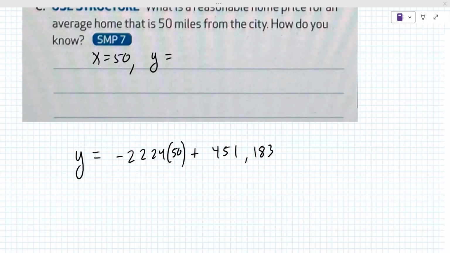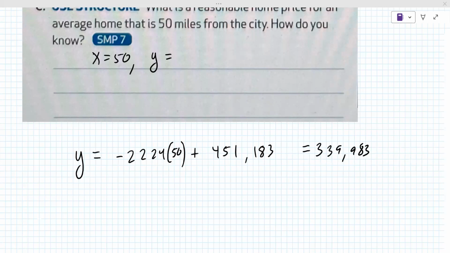So I just combine them. Okay. Yes. $339,983. Yes. Got it.